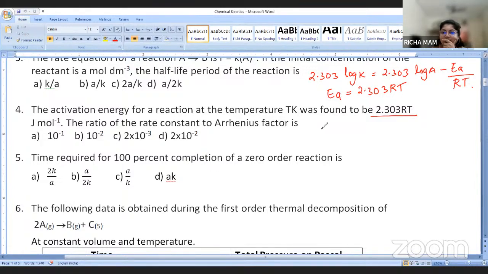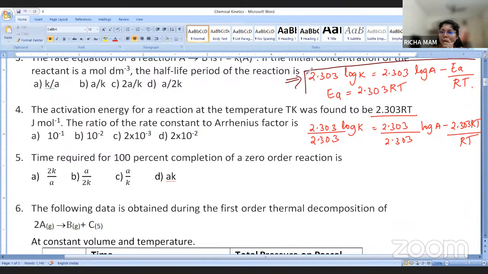Okay. So what are we going to get? 2.303 log of K divided by 2.303 is equal to 2.303 divided by 2.303 log of A minus EA, which is 2.303 RT, by RT. So now this is what we have substituted. This is the equation we know, and this is the given value for activation energy.